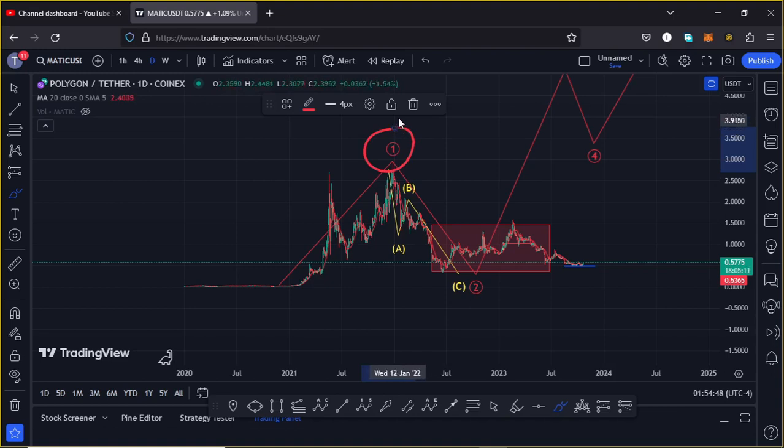After seeing the formation of that first wave, we started a corrective structure where we have been correcting to the lower side in this ABC corrective move into the minimum target areas for the second wave, highlighted on the charts using this red target area.